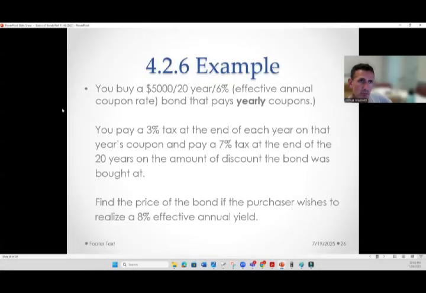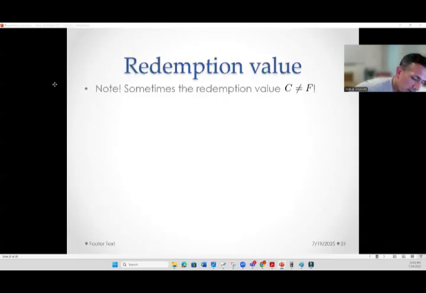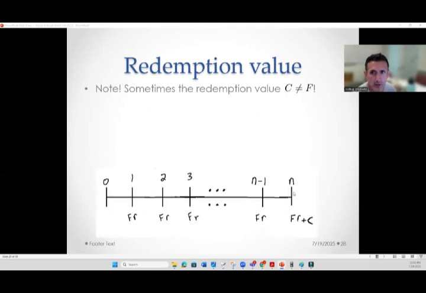Something important to note for exam FM in particular: you sometimes don't have the redemption value being face value. Typically we call the redemption value C. I guess it would make more sense to call it R, but that's just not standard actuarial terminology.